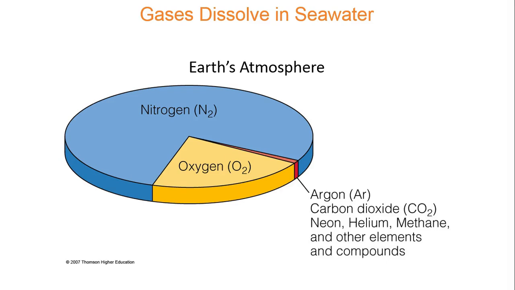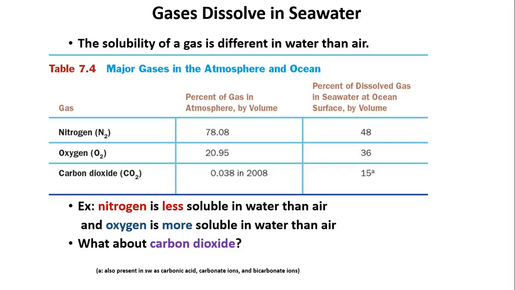In Earth's atmosphere, the majority is nitrogen, and then you also have oxygen, of course, which is why we're able to live, and then smaller proportions of argon, carbon dioxide, neon, helium, methane, and lots of other elements in small proportions.